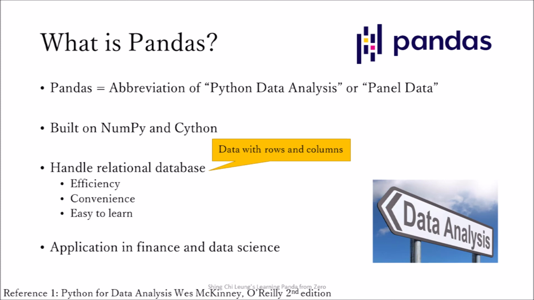Convenience is that because of its scripting style, most operations can be finished by writing a few lines of code, compared to standard spreadsheet software. It is easy to learn because its syntax is Pythonic, so it is very close to human language. Because of these features, Pandas is widely used in finance and data science for data processing. Certainly, it will be an indispensable tool if you want to enter these fields.